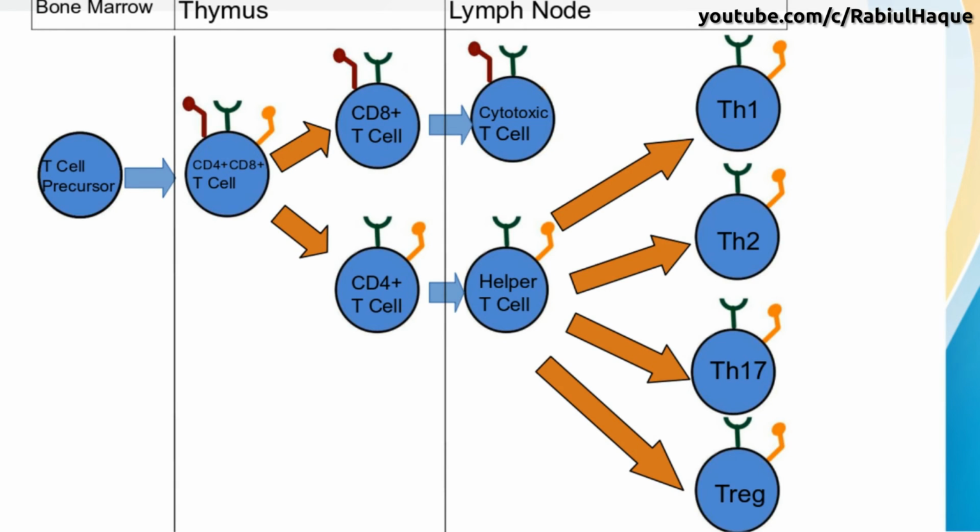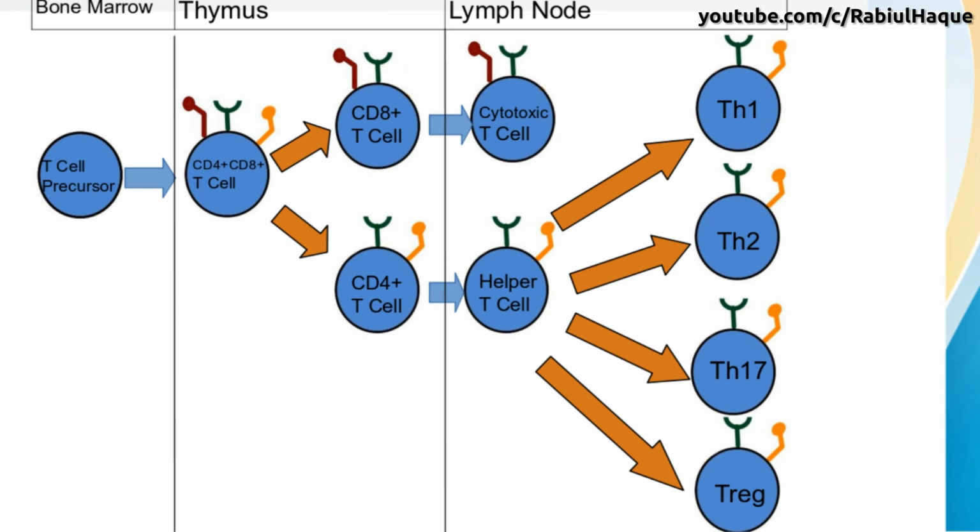So here we can see a simplified image that is showing how we are getting various types of T lymphocytes from the T cell precursors. On the far left we have the T cell precursor that was present in the bone marrow.